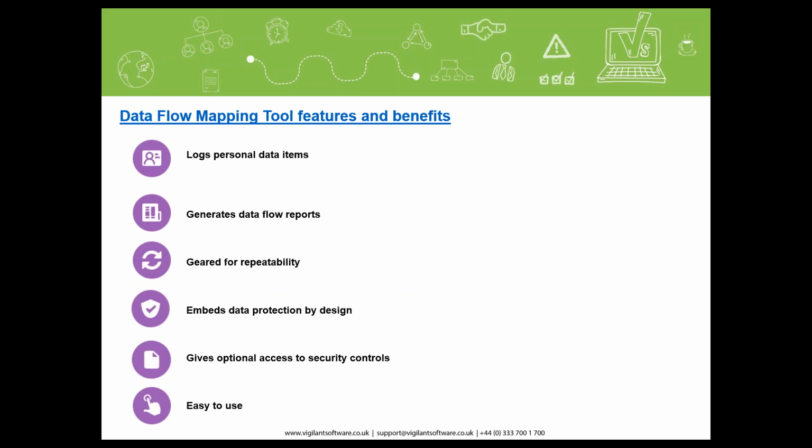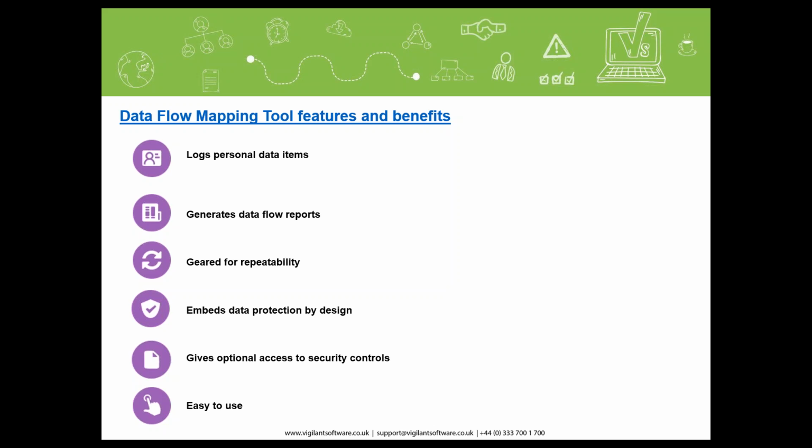It has a version controlled data flow report, so it will compile all of the information on your map into an easy to read format. Geared for repeatability, so it's designed to evolve as your organization does as well. Embeds data protection by design, so essentially organizations can seek to embed data protection by design and default as part of GDPR, and this helps you to do that.